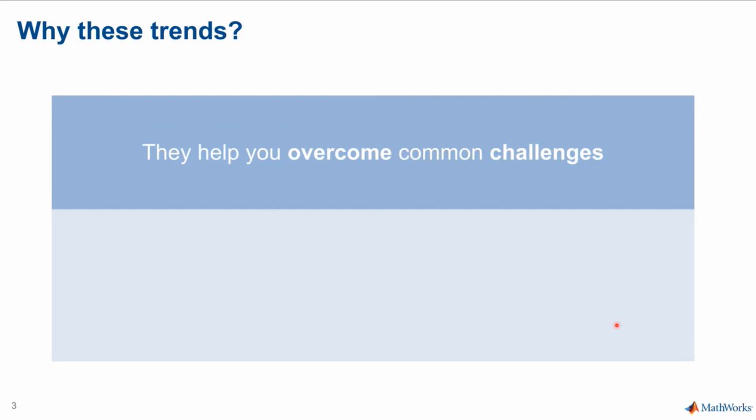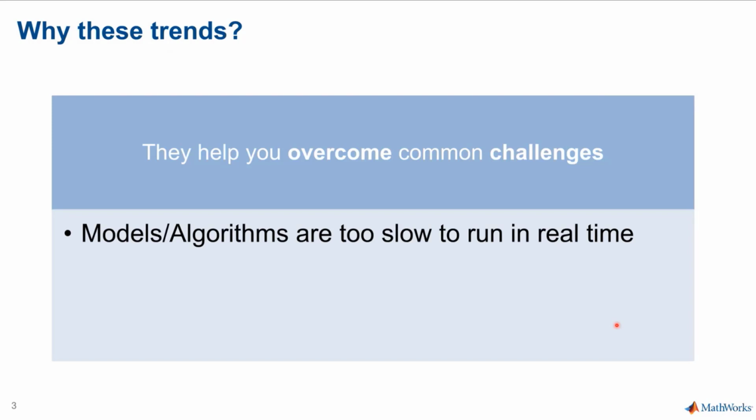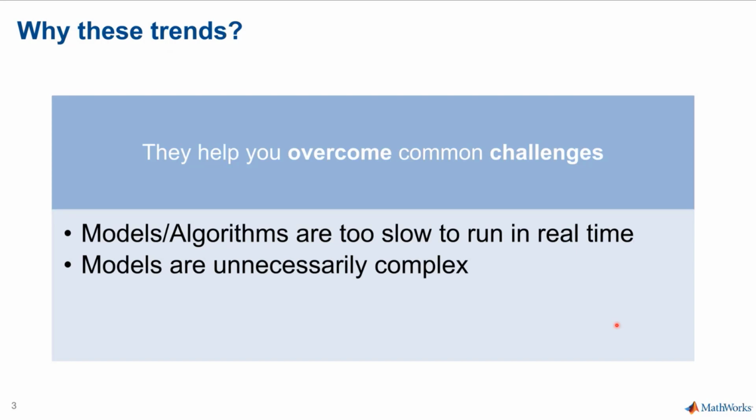So why do we observe these trends? Because they help you to overcome common challenges. Like, for instance, your models, which can be very complex, or your algorithms are too slow to run in real time. And in some situations, they need to run in real time. Or the models are unnecessarily complex for what you are going to use it for, and the simpler black box AI model is sufficient.